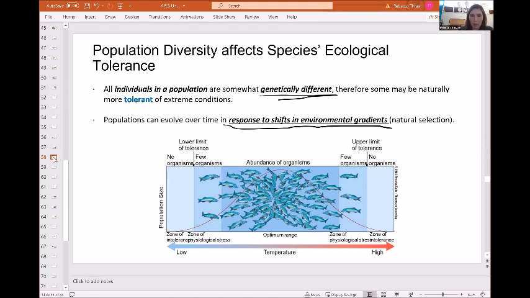Again, most of the population wants to exist at this temperature. But with enough genetic diversity, you have some animals that, if the water got warmer or cooler, it wouldn't completely kill off the entire population. So one positive thing about biodiversity is it keeps species from going extinct simply from changes in environmental conditions.